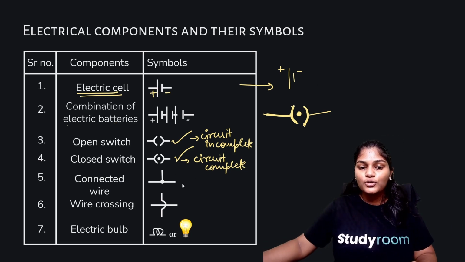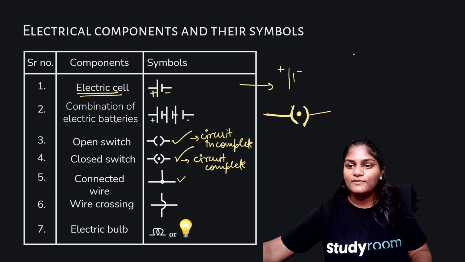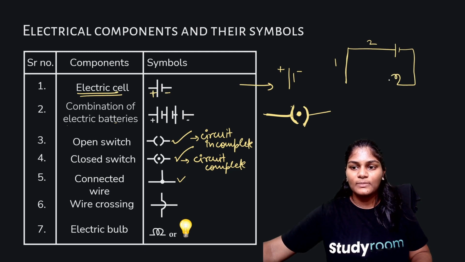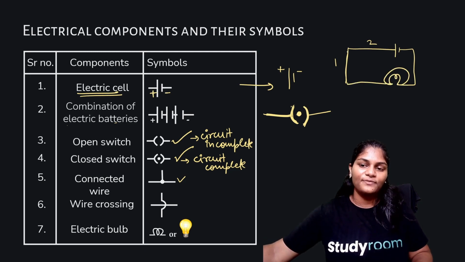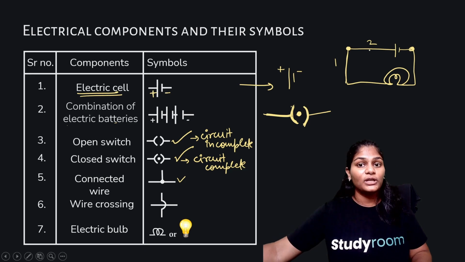Now, if I want to show 2 wires that are connected, I can show them like this. Say if this is wire 1 and wire 2, there is a battery here, say there is a bulb here. If there are 2 different wires, I need not draw the big dot that is shown here. You can draw it, but it's not compulsory.